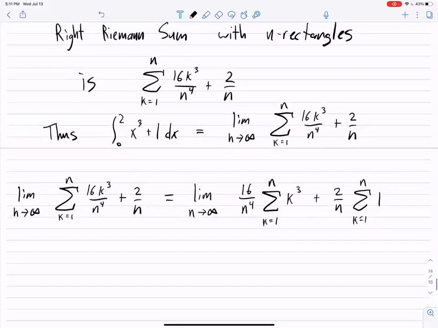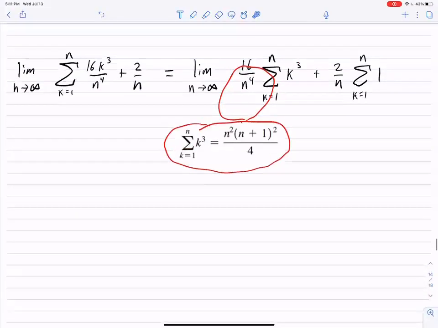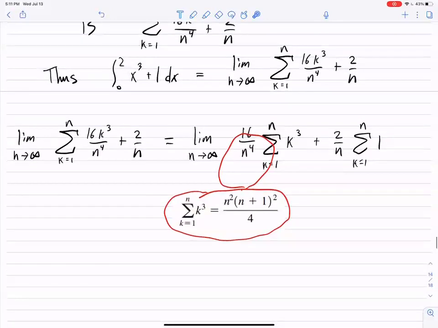And so remember what these formulas are. I actually don't remember what that formula is, but I can paste it. So that is the formula.